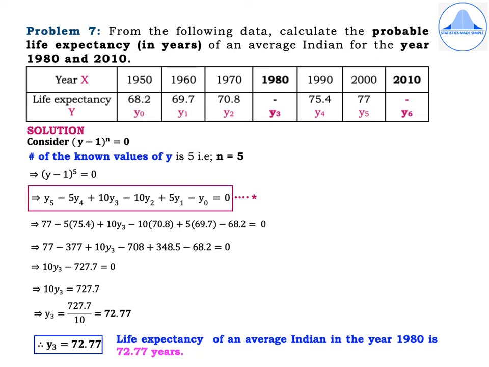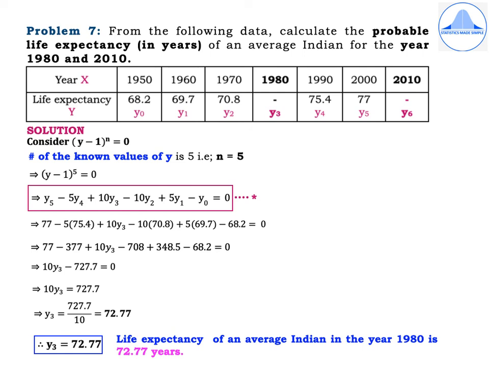Substituting the known values of y, we get 77 minus 5 into 75.4 plus 10y3 minus 10 into 70.8 plus 5 into 69.7 minus 68.2 equal to 0, which implies 77 minus 377 plus 10y3 minus 708 plus 348.5 minus 68.2 equal to 0, which implies 10y3 minus 727.7 is equal to 0, or 10y3 is equal to 727.7, or y3 is equal to 727.7 divided by 10, which is equal to 72.77.